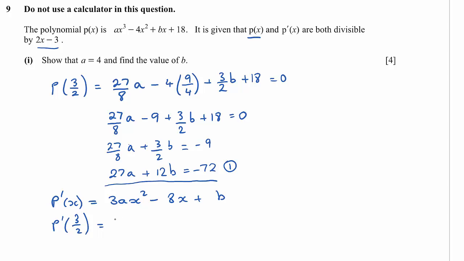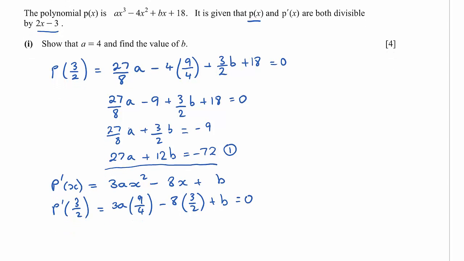So that's going to be 3a times 9 over 4, take away 8 times 3 over 2, add b, and that's going to be equal to 0. So that means that 27a over 4, take away 8 divided by 2 is 4, so take away 12, add b is equal to 0.